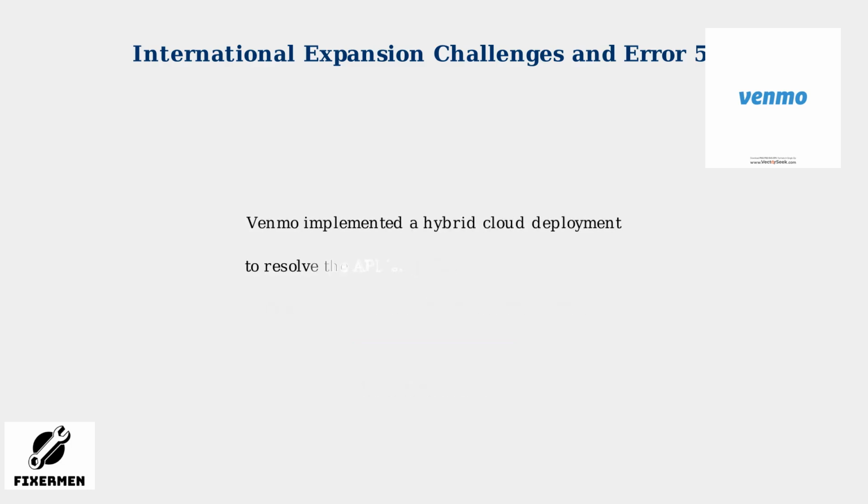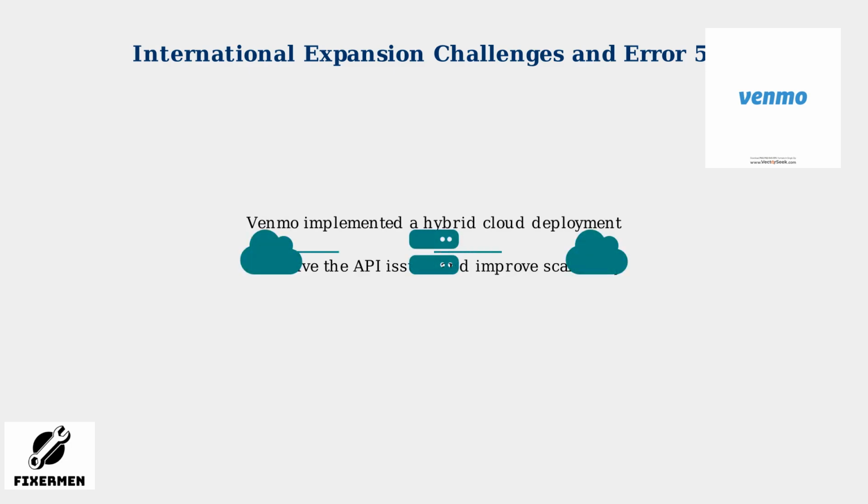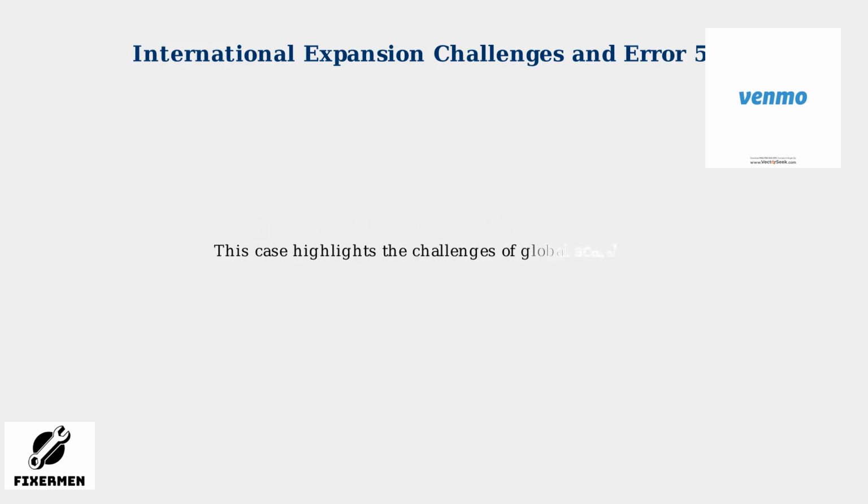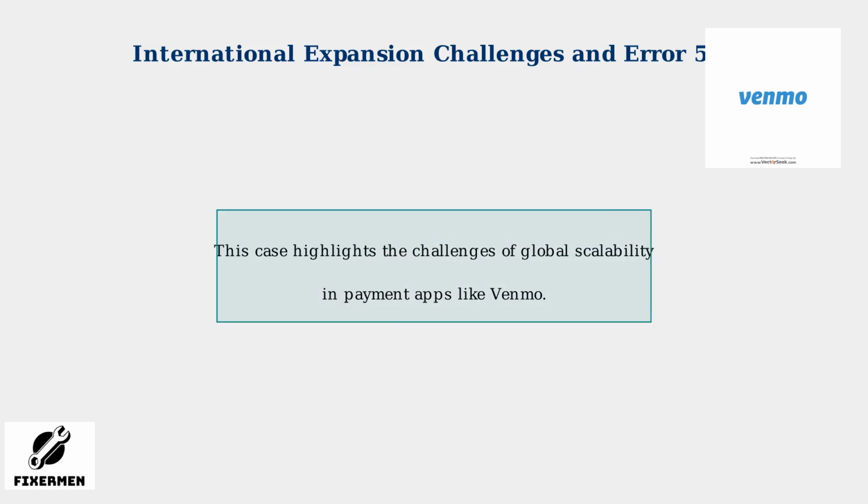Venmo implemented a hybrid cloud deployment, combining local European servers with their main US infrastructure to resolve the API issues and improve global scalability. This case study highlights the challenges of global scalability in payment apps, showing how infrastructure mismatches can lead to significant user impact.